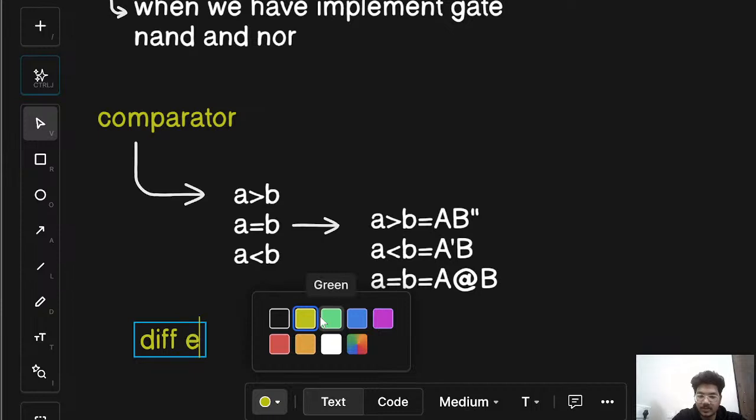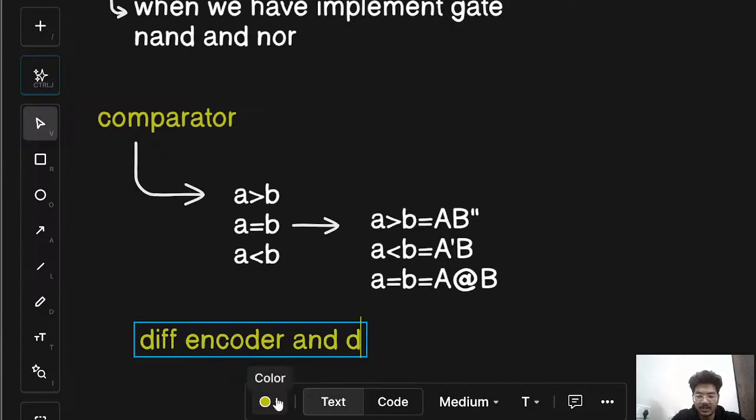the difference between encoder and decoder.